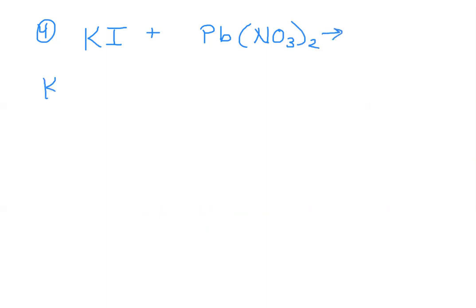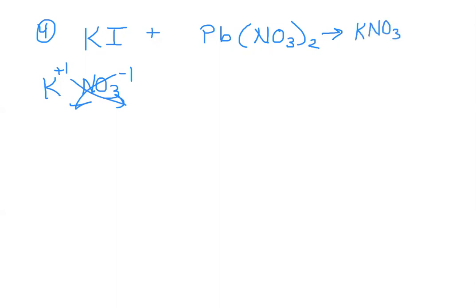K is potassium, and it's going to have to now go with NO3, which is nitrate. Nitrate has a -1. That's from your polyatomic ion chart. Potassium K has a charge of +1. So those cancel each other, so that just becomes KNO3.